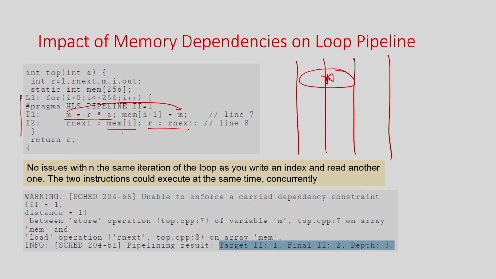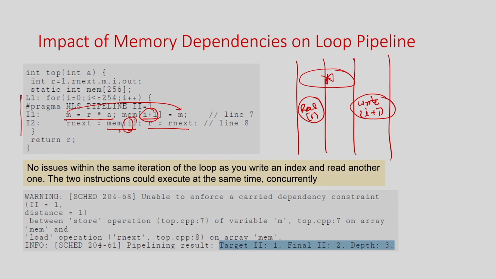At the same time, because you want to write to the I plus 1 location and read from I, you can do the read operation here, and I can only do the write of I plus 1 once this multiplication is completed, because that value is getting written into the I plus 1 location. But this I and I plus 1 are independent, so this read can happen in parallel with these operations. This is the schedule I am going to get.